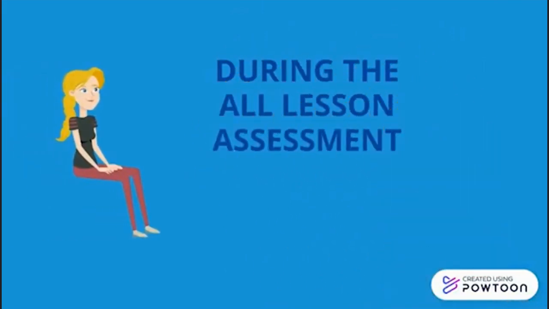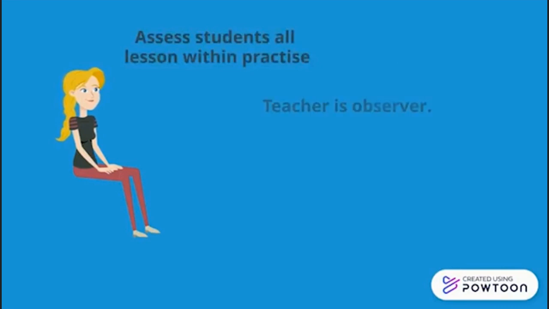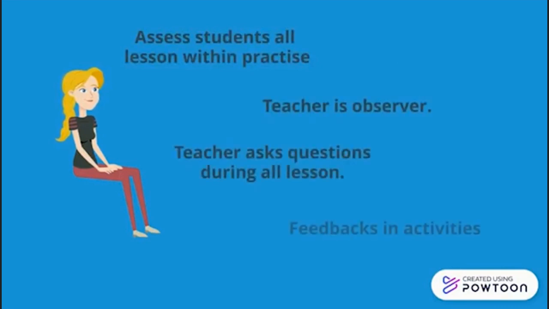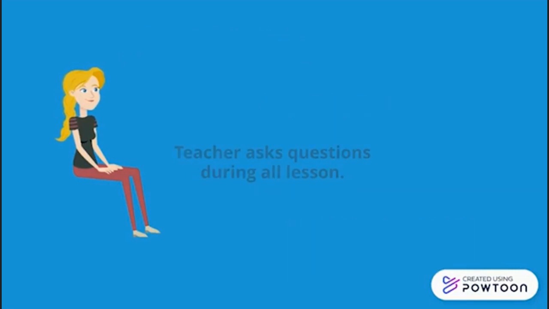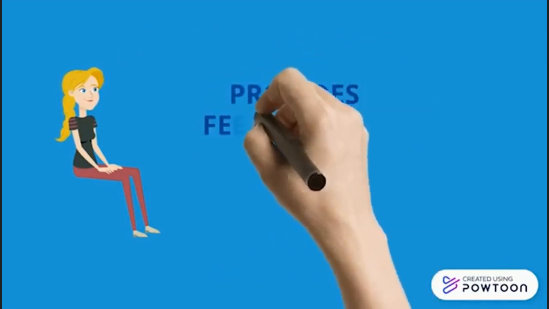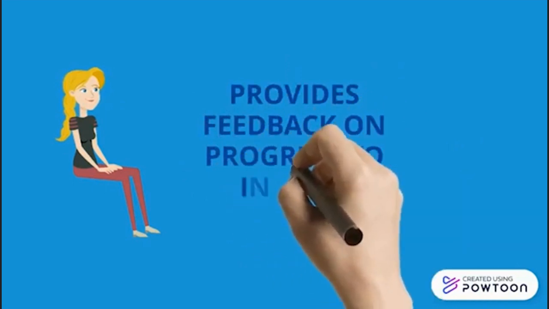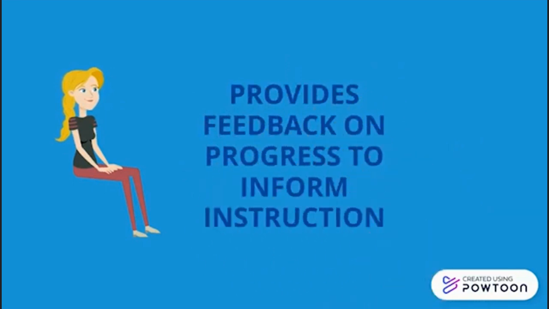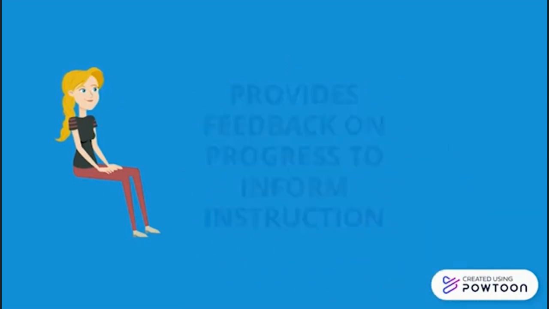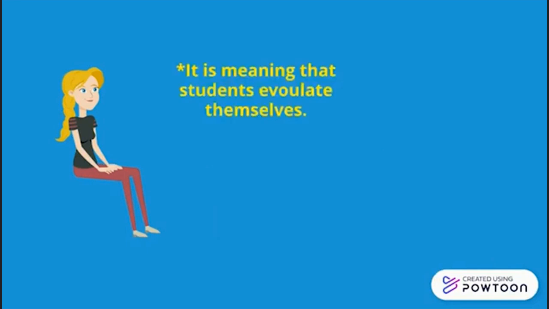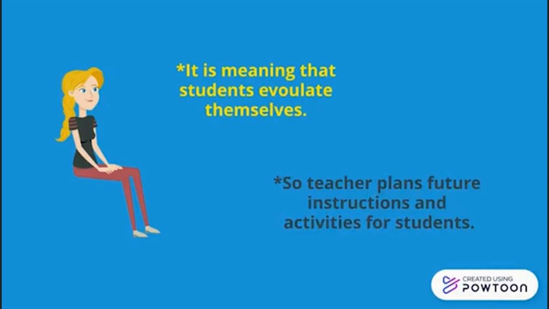During the whole-lesson assessment, the teacher is always asking questions of students. In practice, the teacher is an observer and gives feedback in activities and provides feedback on progress to inform instruction. It means that students evaluate themselves, and so the teacher can easily plan future instruction and activities for students.